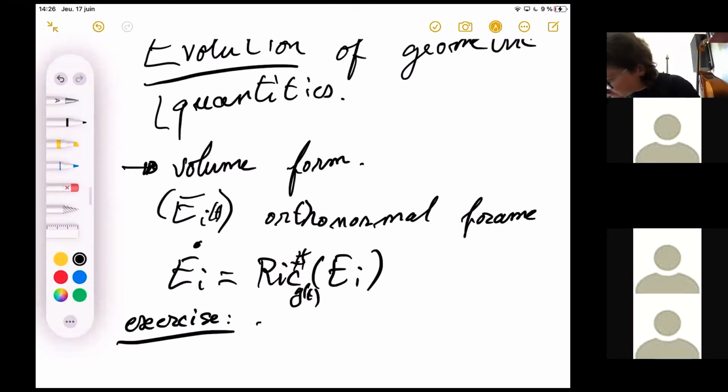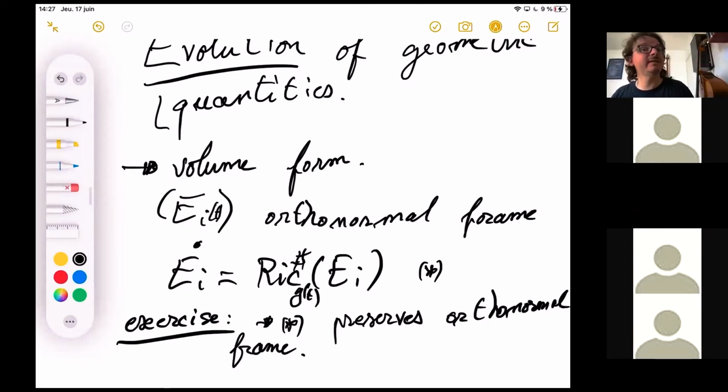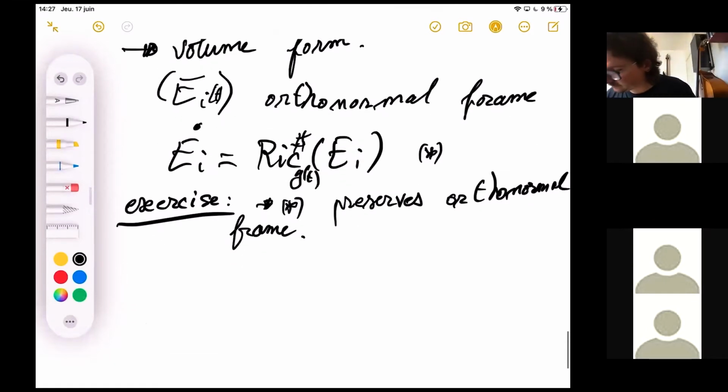Exercise: this evolution equation for the frame preserves orthonormal frames. Whereas if you start with one orthonormal frame at time 0, it has no reason to stay orthonormal afterwards.